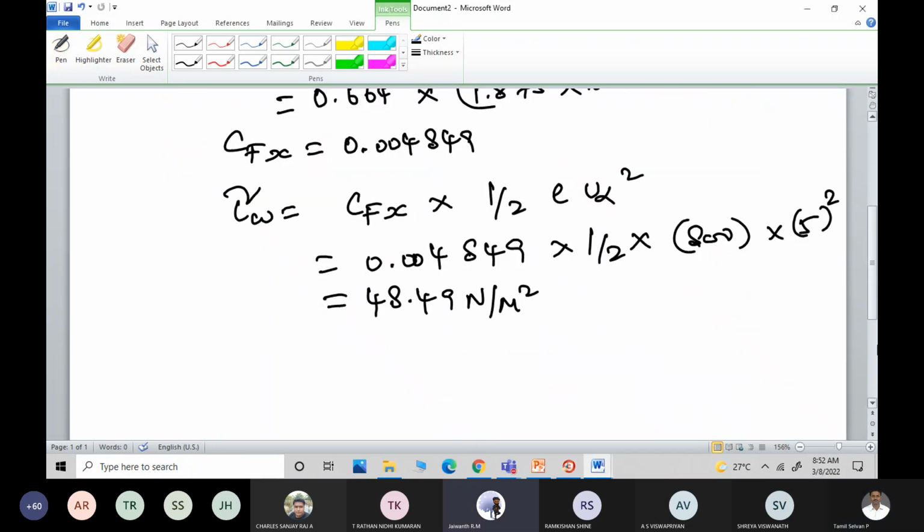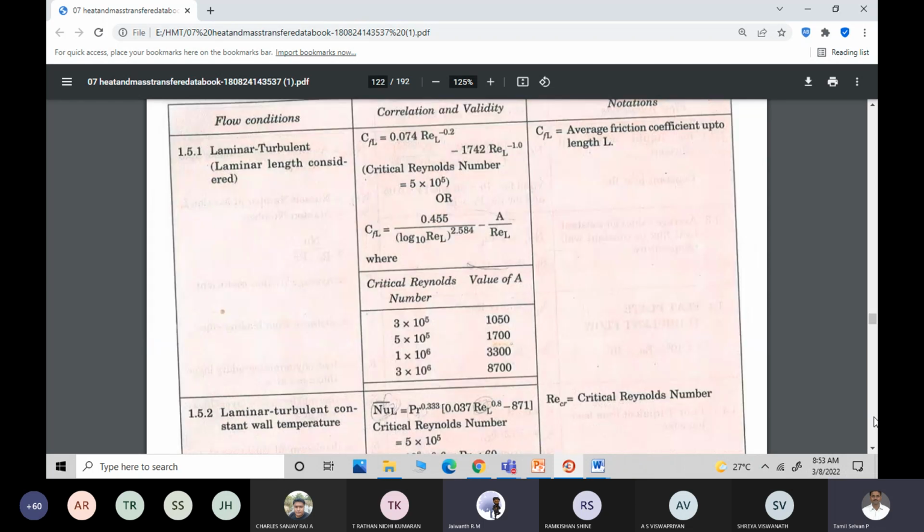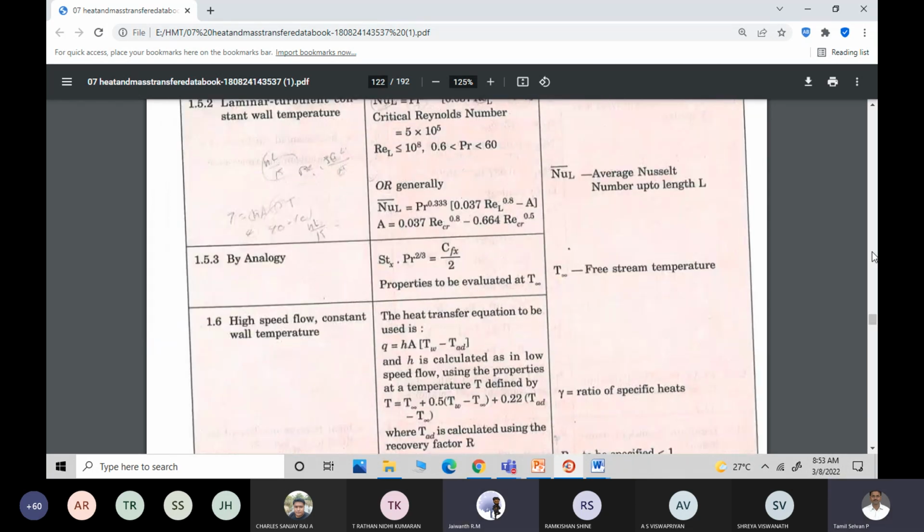Okay. What is the formula to find out the drag force? Is the drag force formula given in the question? It's not given. Is it given in the data book? No, it's not given.